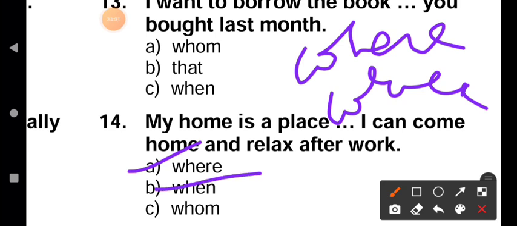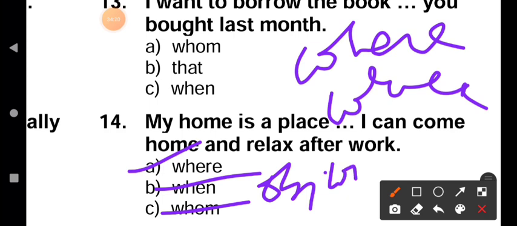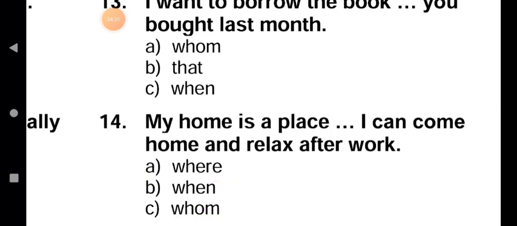When indicates time. Whom is an objective pronoun. Whom do you want? Objective pronoun. Whose is a possessive pronoun. And where: my home is a place where I can come home and relax after work in my home. That is the right answer. Where is the right answer.